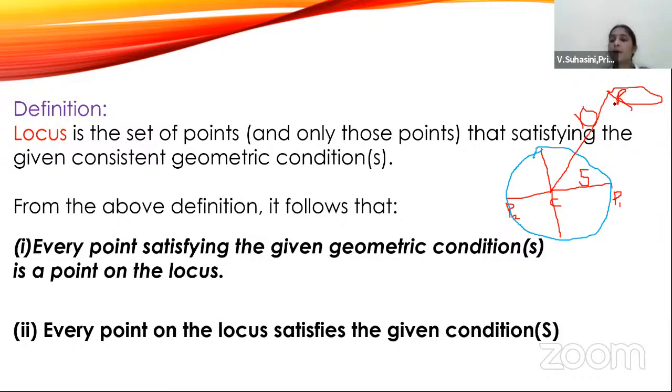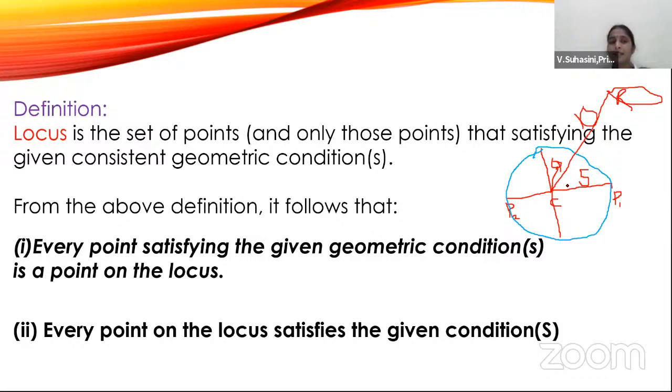The point R lies outside the circle. Not only 10, children. Consider the point which is at a distance of 1 centimeter from the fixed point C. Suppose we name it Q. Where is Q? It is inside the circle. So the points which are not at a distance of 5 centimeters are not on the circle. Maybe outside or maybe inside, but not on the circle.